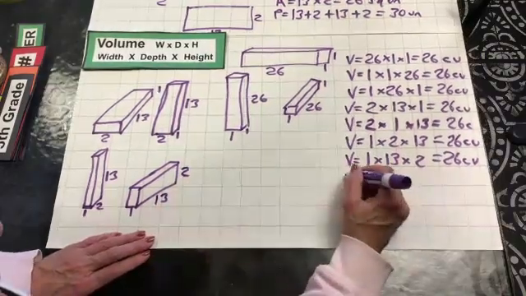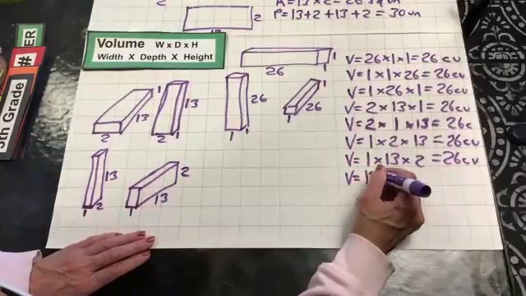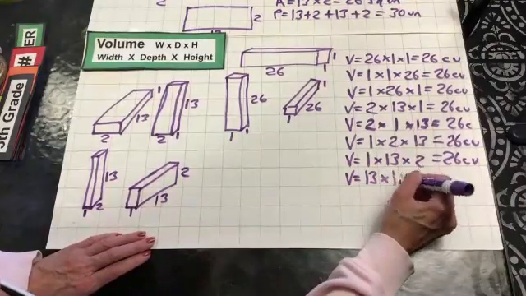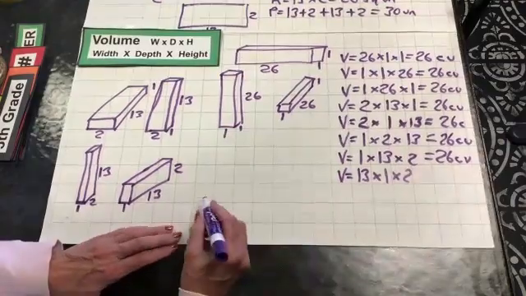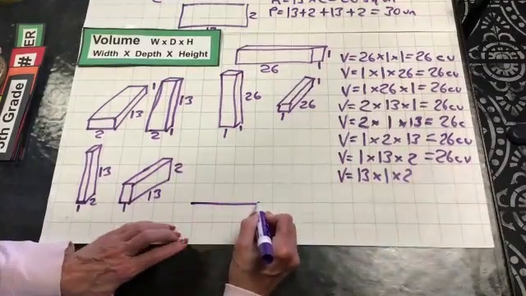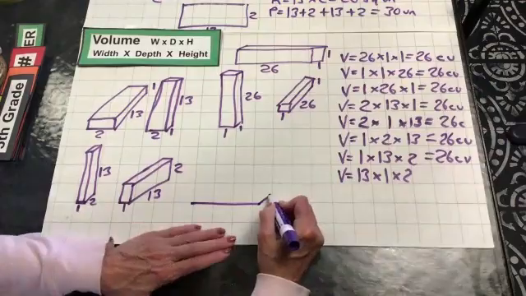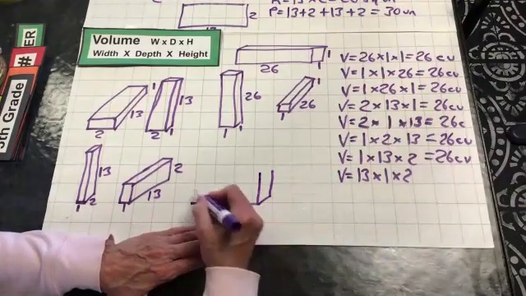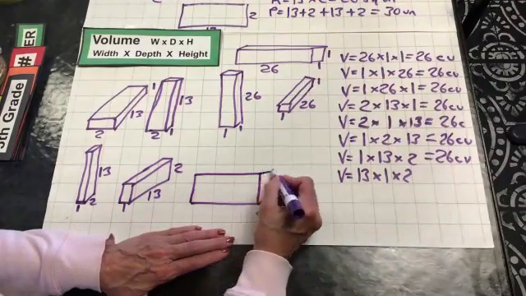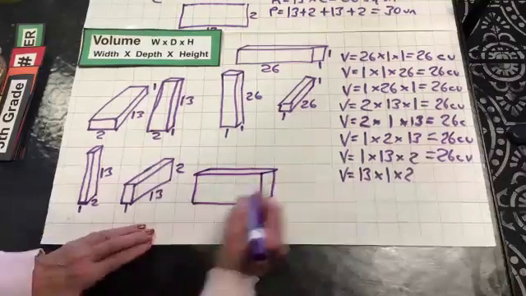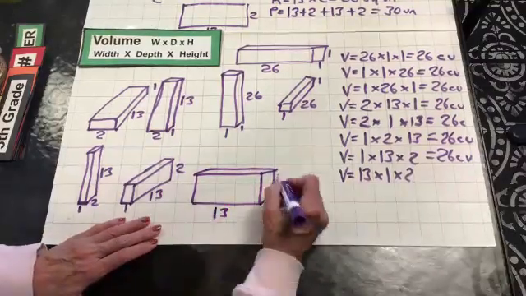All right, so now we are going to start off with the 13. So let's do 13 by 1 by 2. So what does that look like? 13 wide by 1 deep by 2 tall. So that's as close as we're going to get. 13 by 1 by 2.